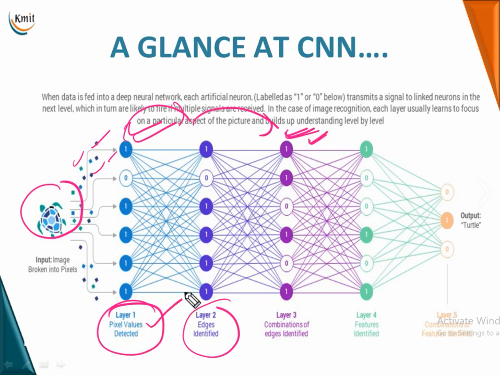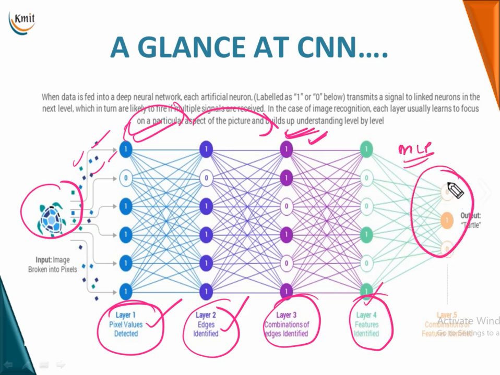First pixel values will be detected, edges will be identified, you will combine your edges, and lastly you identify your features. Once you have done that, it behaves like a normal MLP or ANN, and then you go for classification or whatever application you are doing. This is just a glance; we will see more in detail.